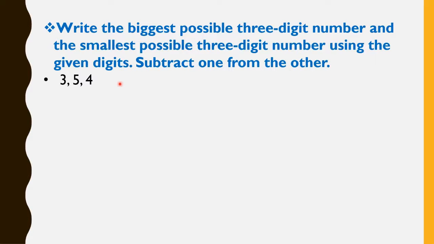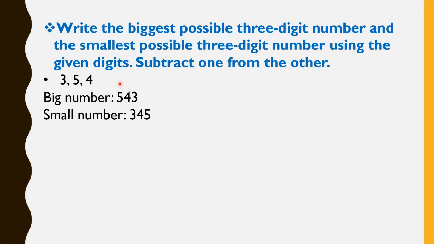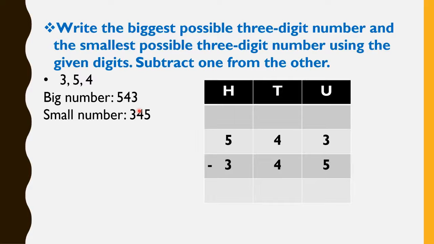So the biggest number is 543 and the smallest number is 345. Now we have to arrange them under their place value. We have to subtract 345 from 543.